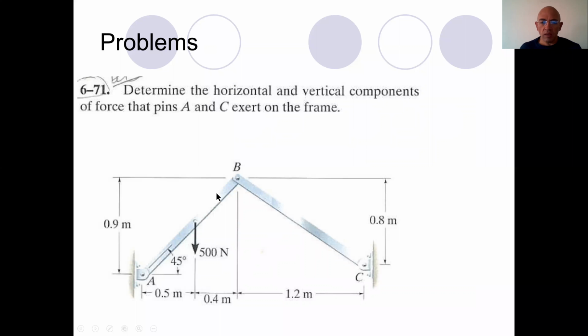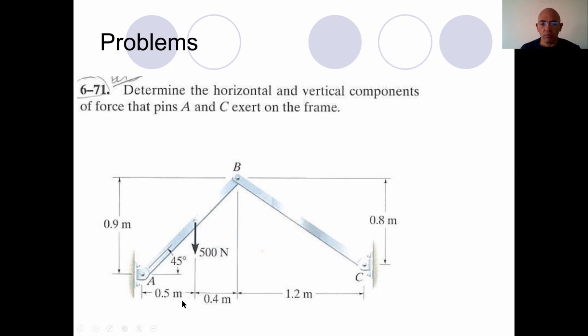We have a rod AB. There acts a 500 Newton force in vertical direction downwards, and then we have another rod BC. Now the horizontal distance from A to the force is given.